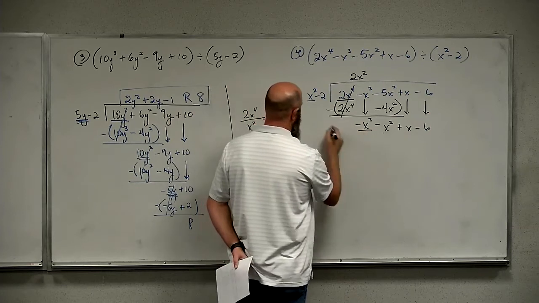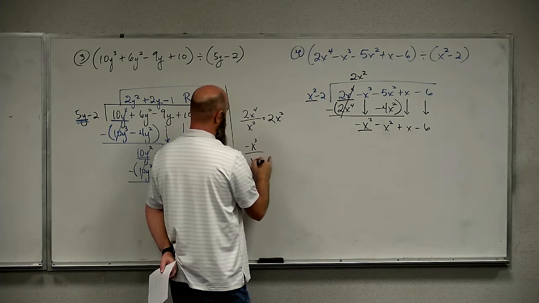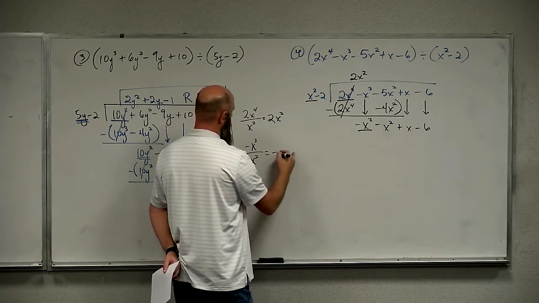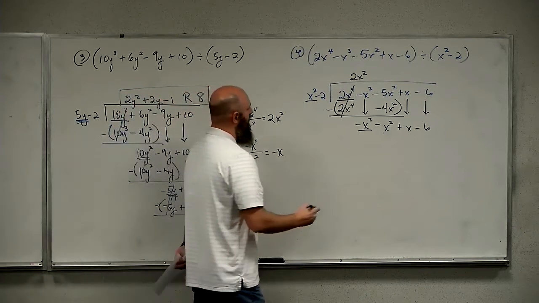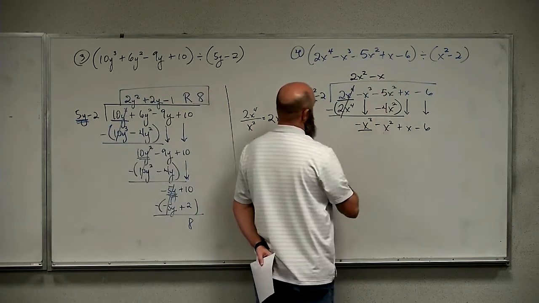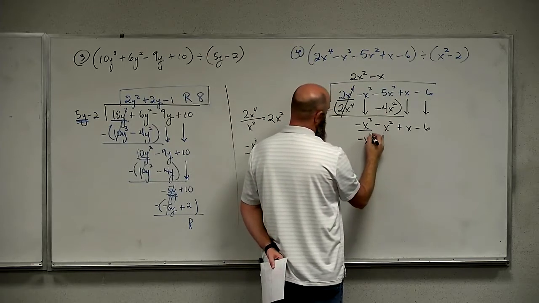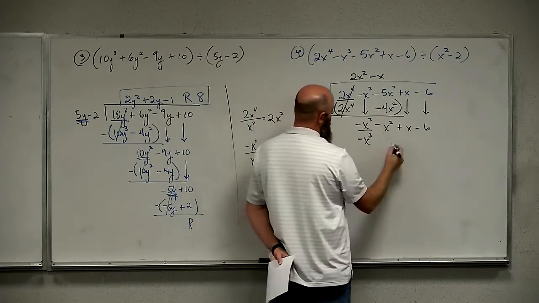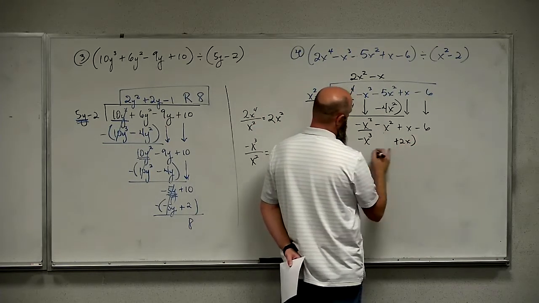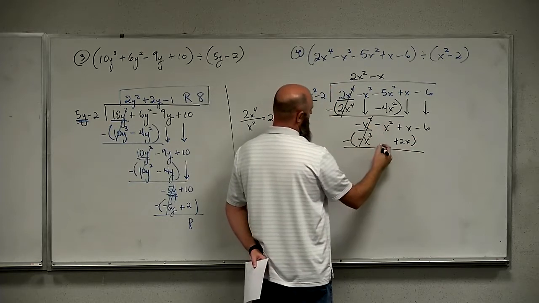So now we move to our next one. Negative x to the 3rd divided by x squared. That's going to give me a negative x. So minus x. Negative x times x squared is a negative x to the 3rd. Negative x times negative 2 is a positive 2x.